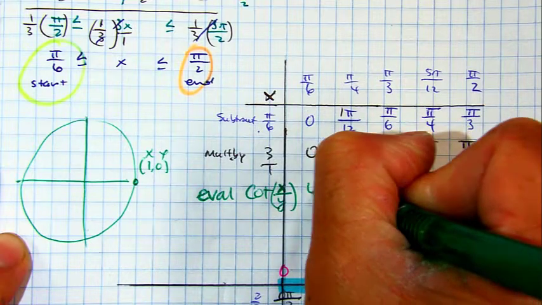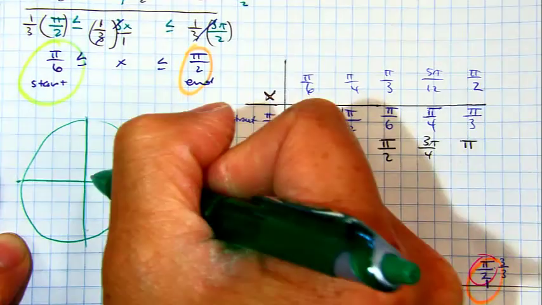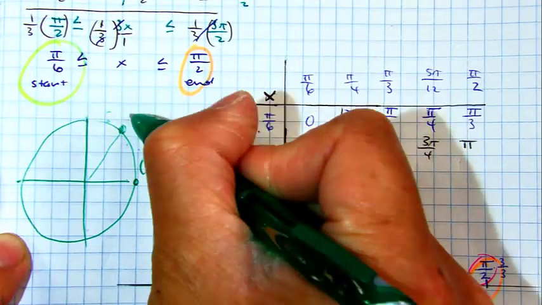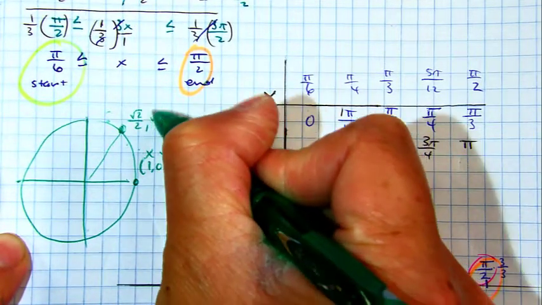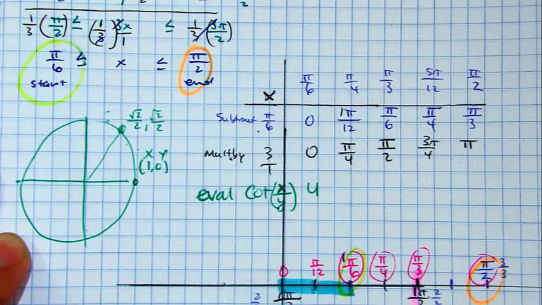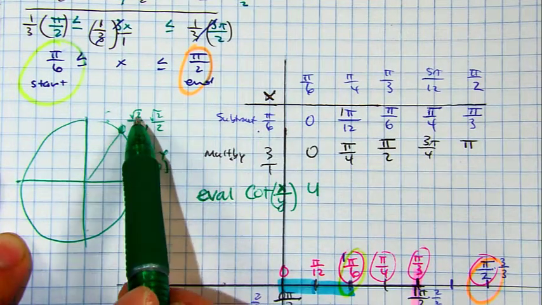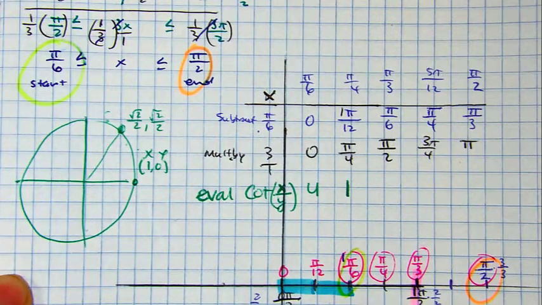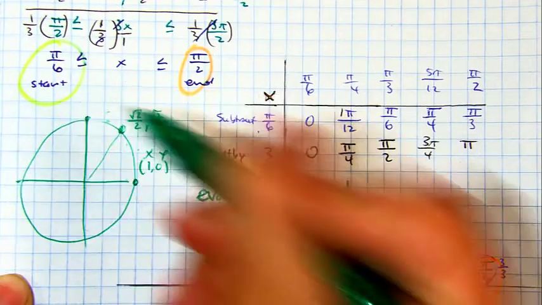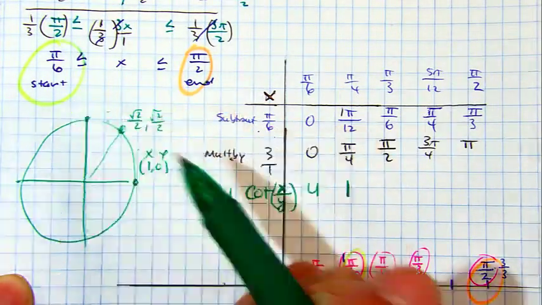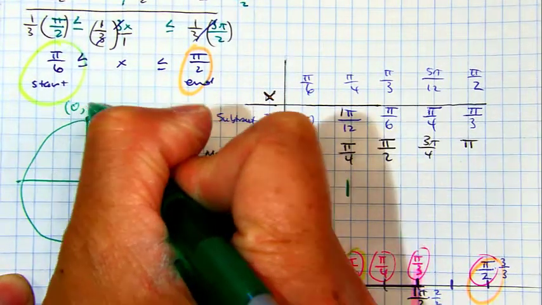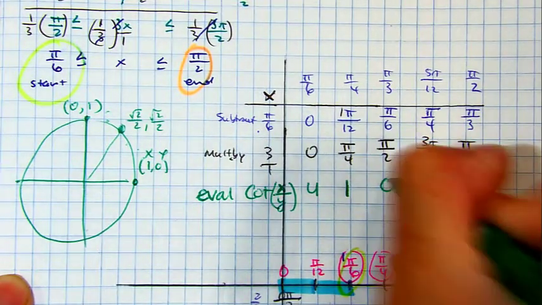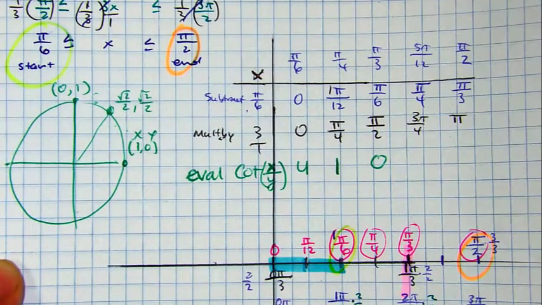Yes. Pi over 4. Radical 2 over radical 2. X divided by y. Radical 2 over radical 2 is? 1. Pi over 2. Order pair? X over y? 0. 3 pi over 4.